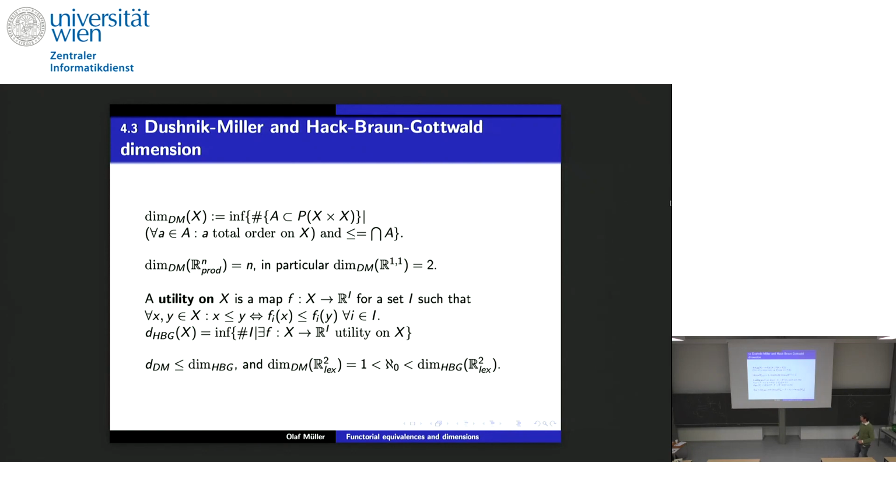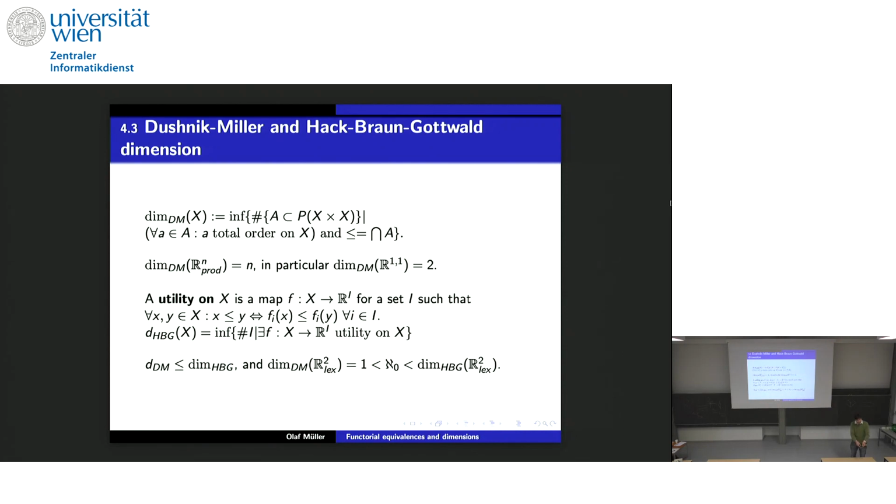So, for example, the Dushnik-Miller dimension of the product order on R^n is just n. It's the intersection of the coordinate orders. No, it's not, because the coordinate orders are not total. But what you can do is take lexicographical orders and put the kth coordinate in the first slot, and that's total.